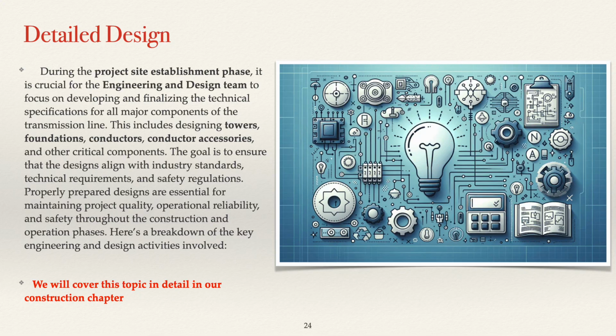The goal is to ensure that the designs align with industry standards, technical requirements, and safety regulations. Properly prepared designs are essential for maintaining project quality, operational reliability, and safety throughout the construction and operation phases. We will cover these topics in detail in our construction chapter.